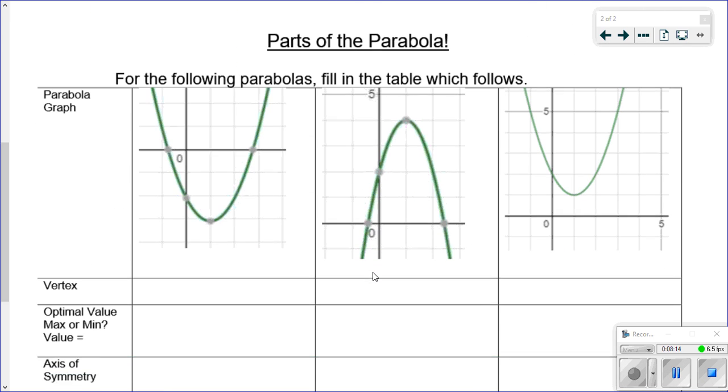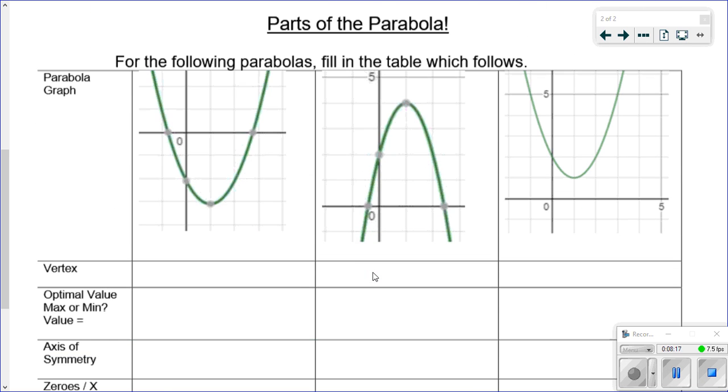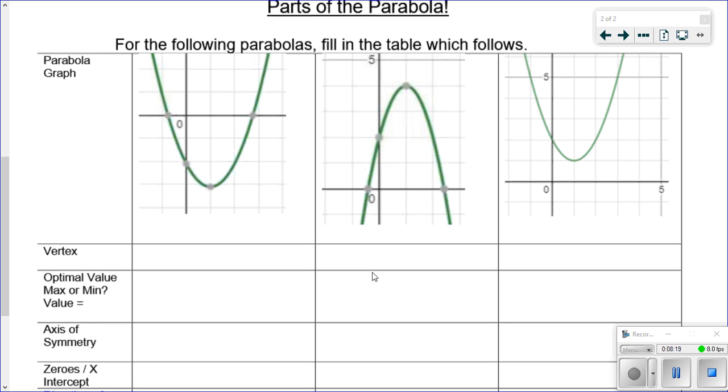So we're going to practice a little bit of identification here. We're going to be a little lazy and just assume that whenever it crosses the x-axis, it's an exact value. So for this graph, the one farthest to the left, the vertex, and again, this is where you would hit pause to go through and try it on your own, but the vertex is 1, -3.